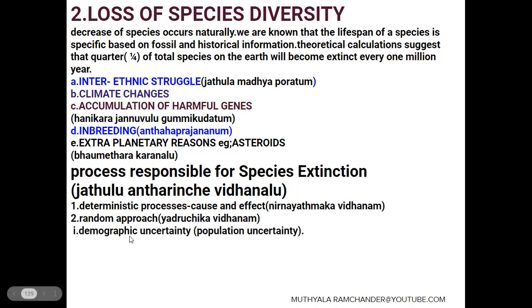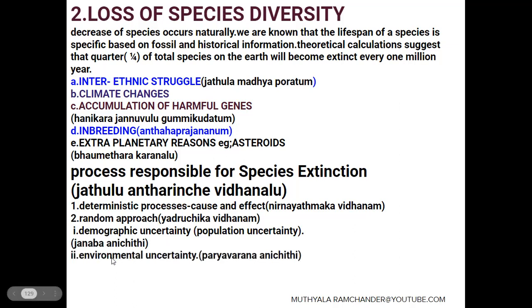First, demographic uncertainty. Demographic uncertainty means an increase of a large population. A large population needs food and shelter. Because of the need for food and shelter, some species become extinct from the diversity.